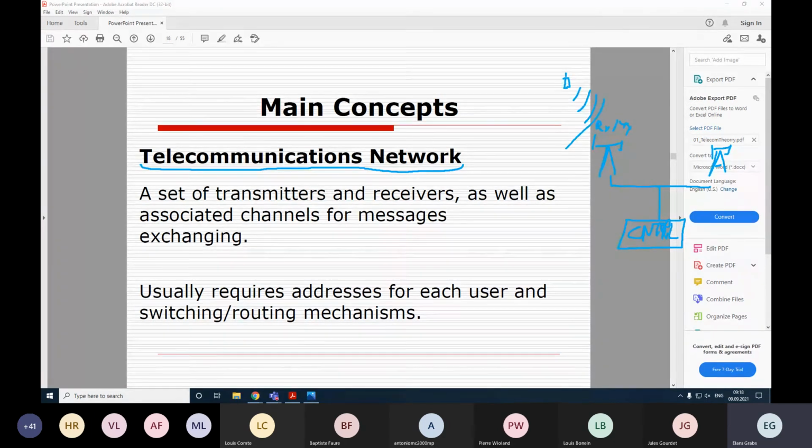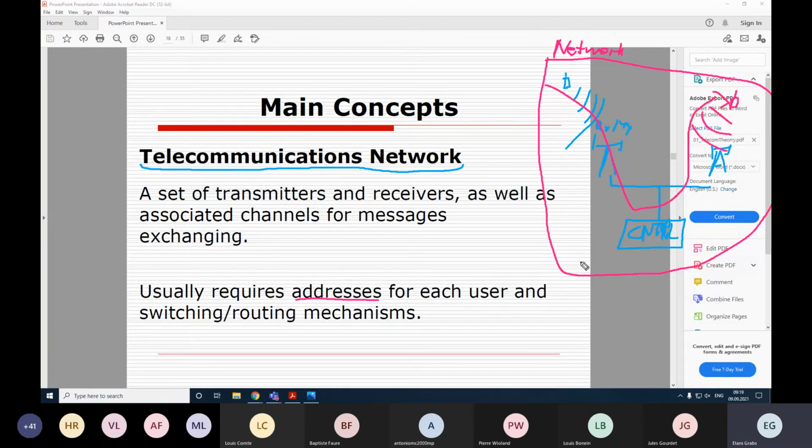And this all makes a network. Usually, of course, it has many users, and there is some type of mechanism used to address users, so that user 1 can send information to user 2 via this network, or to user 3 or to user 4. For example, we use telephone numbers in this particular case as addresses.